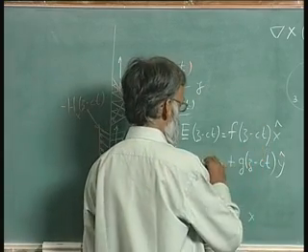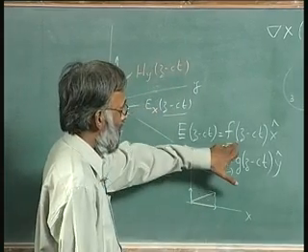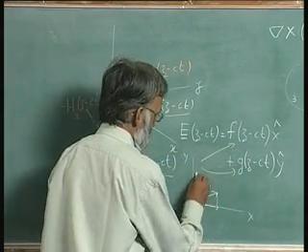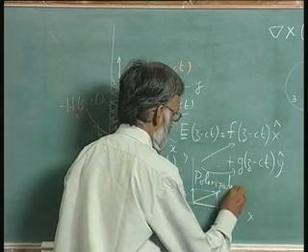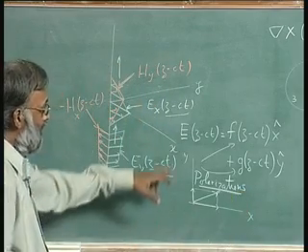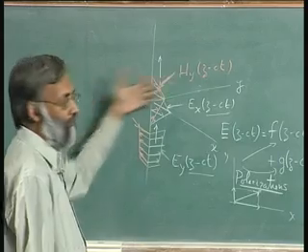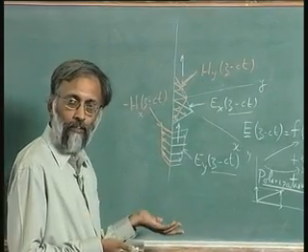These components, the components along x and y, are called polarizations. That is, I can find a solution where the electric field is along x, magnetic field is along y, and that will be called an x polarized wave.